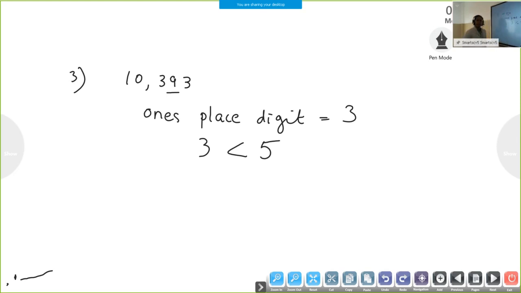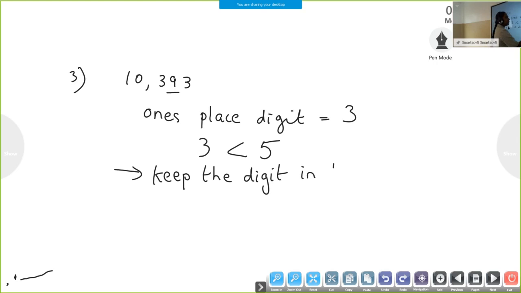Then what is the rule? Keep the digit in the tens place the same. In the other 2 cases, what did we do?